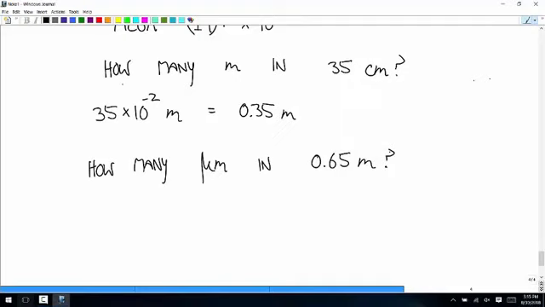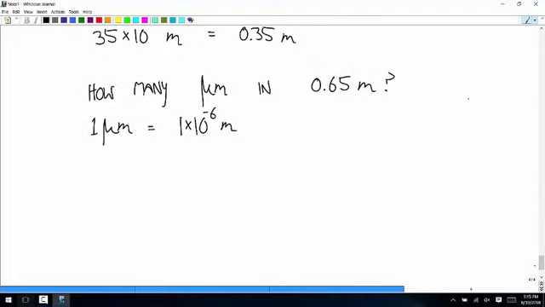So the way to do that is to remember that 1 micron is equal to 1 times 10 to the minus 6 meters, and then just do it as a unit conversion.